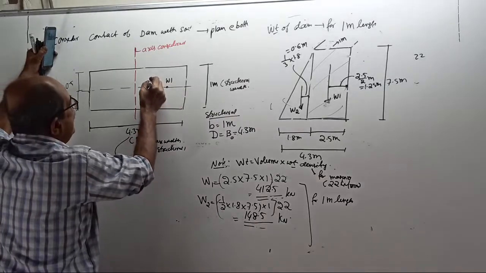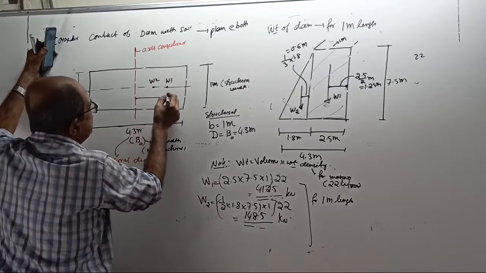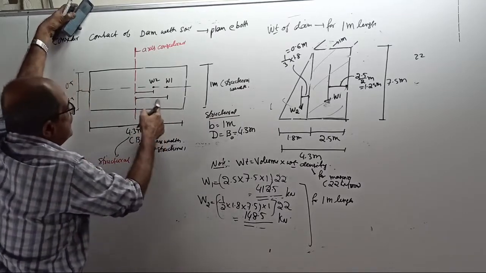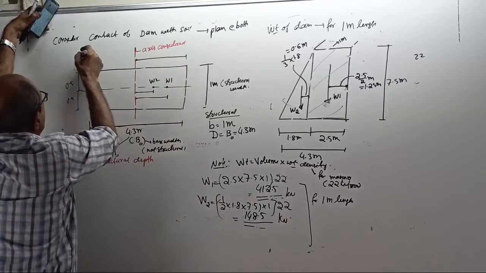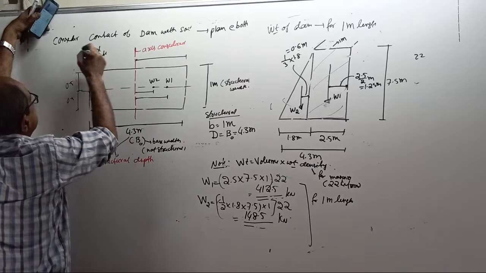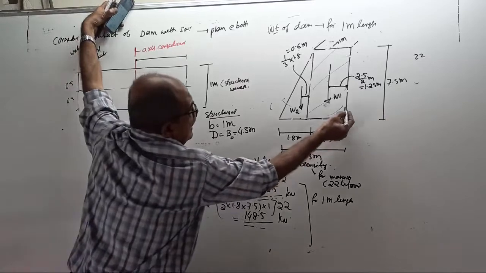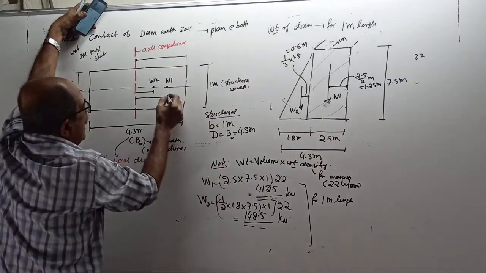W2 is acting here. Therefore, tell me what is this distance and what is this distance. Write one more sketch here, not using the previous sketch. W1 acts at 1.25 meter.